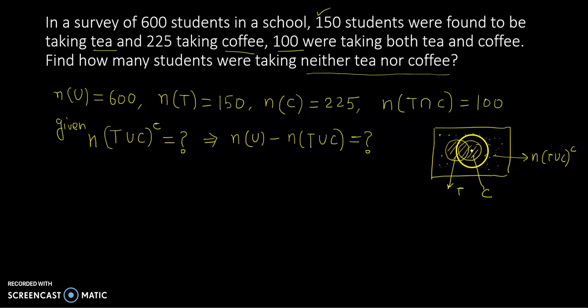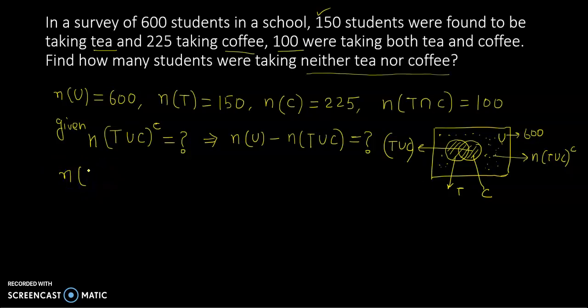This shaded portion is representing T union C, that means taking tea or coffee. And this is the universal set which has 600 students. So out of this entire rectangle, whose value is 600, if I subtract the shaded portion, I'm going to get the remaining part, which is going to be my answer.